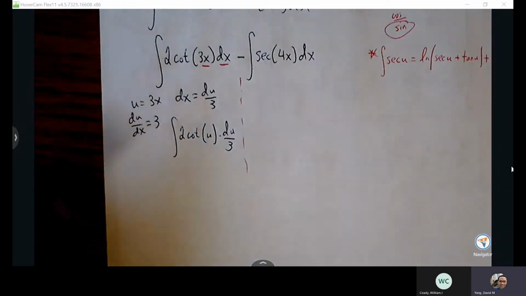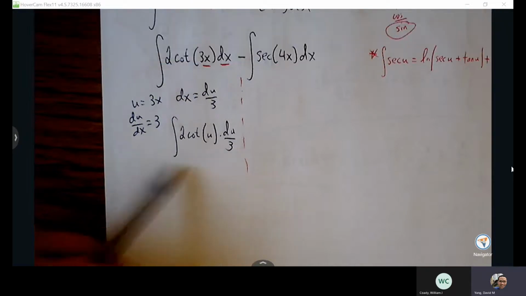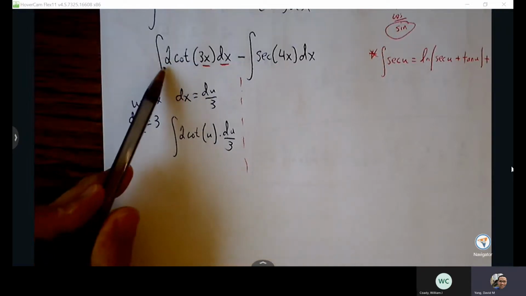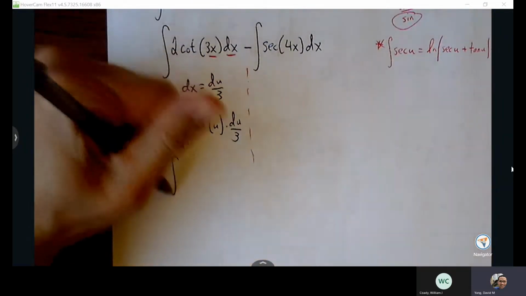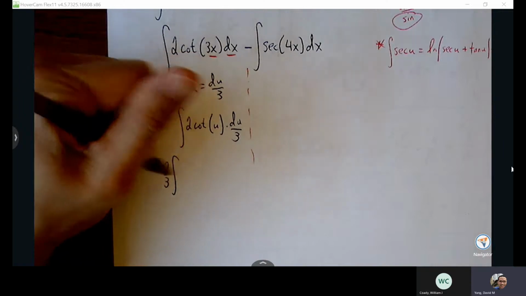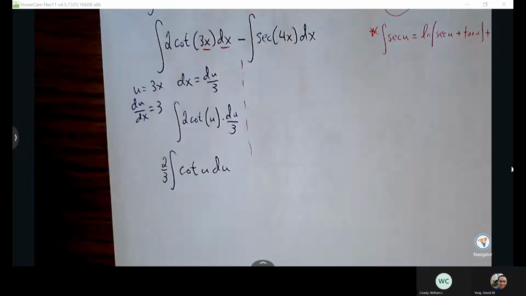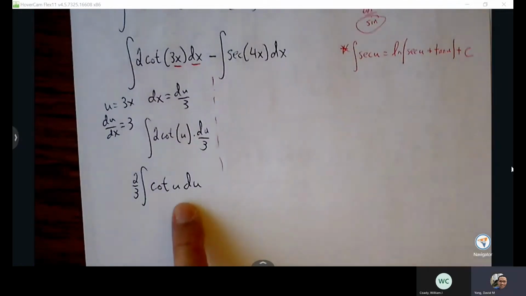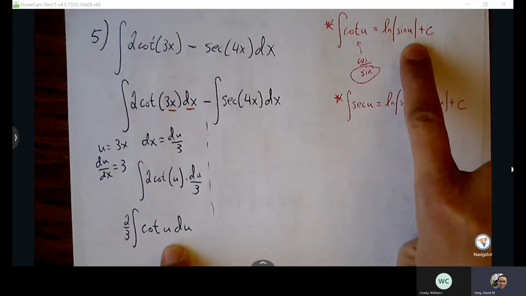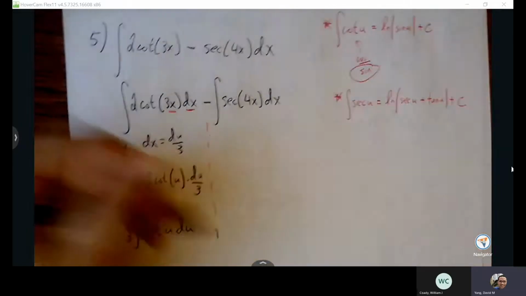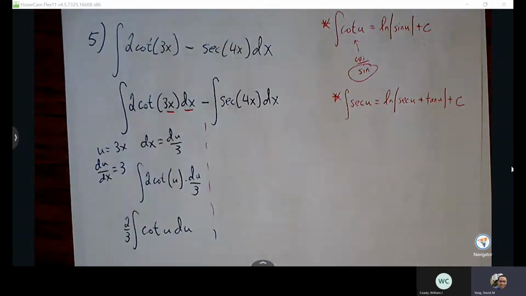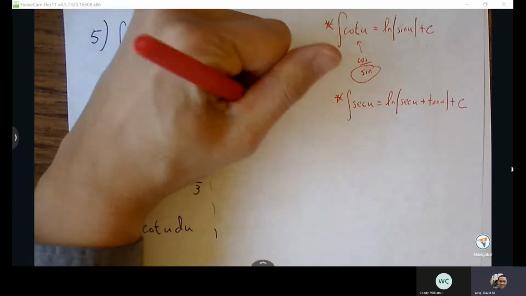Okay, so just like what we suspected, that 3 is going to be pushed out as 1/3. The 2 goes along with it, so we're left with 2/3 integral cotangent of U. From here, we can apply the integral rule for cotangent. On the other side, secant, if you want to go through the full U substitution, we can.